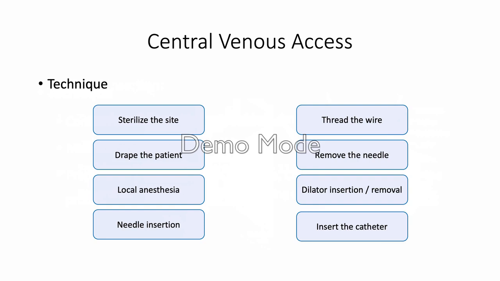After insertion of the needle, you will thread your guide wire through that needle. If everything is going smoothly, you just need to remove the needle and then insert the dilator over the guide wire. Then you do the dilatations. Once you are happy with the dilatation, remove the dilators, and the final step, insert your catheter.